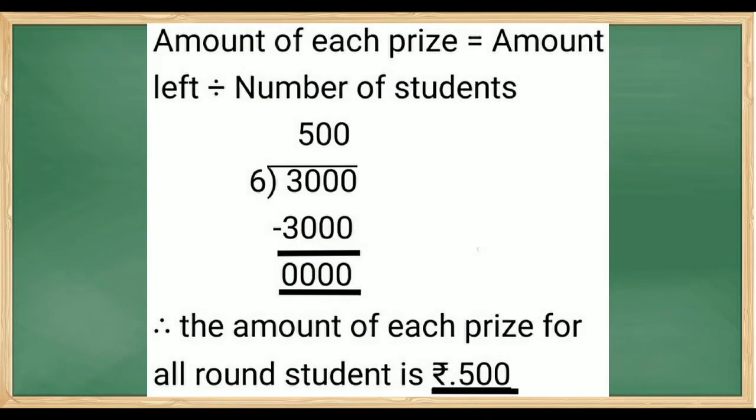To find out the amount of each prize, we shall divide the remaining amount, that is rupees 3,000, by the number of students, that is 6, after which we get the quotient 500. Therefore, the amount of each prize for all-round student is rupees 500.